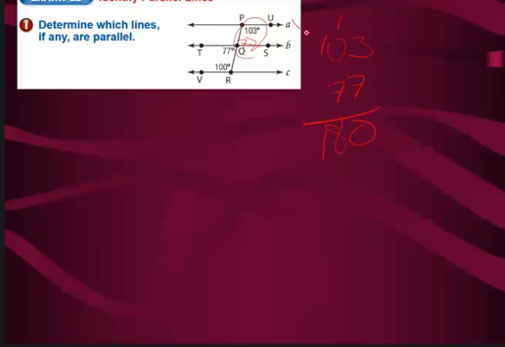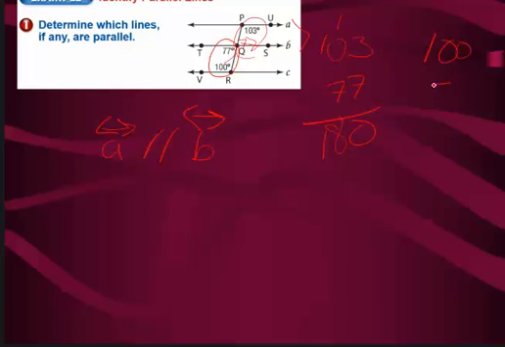Yes, they do. So we know that line A is parallel to line B. Now we need to check out B and C, because if B is parallel to C, then A would be parallel to C, right? So we've got this pair of consecutive interior angles.